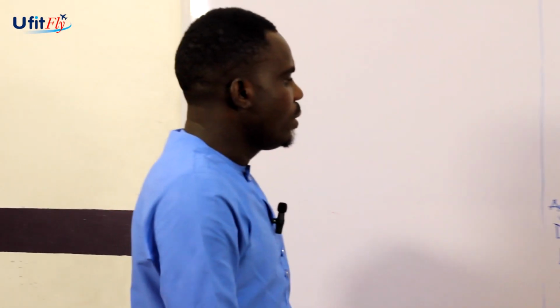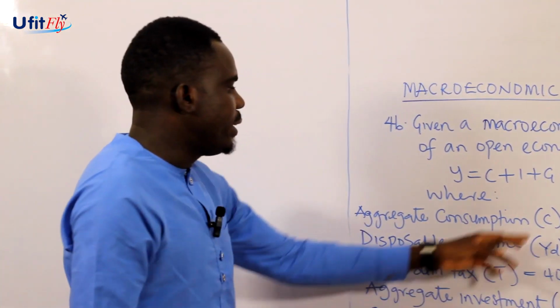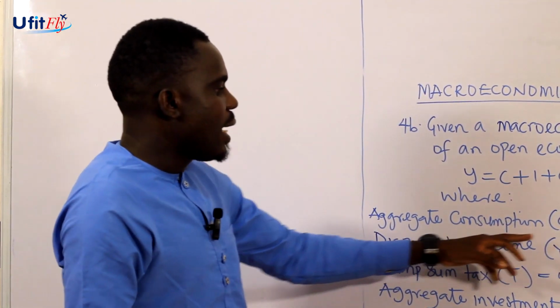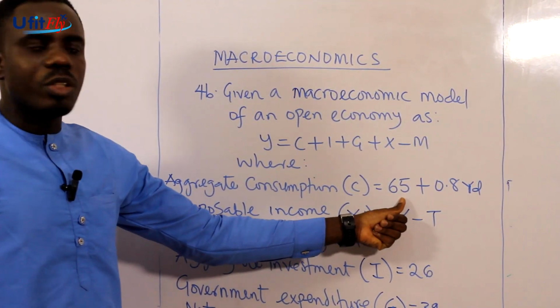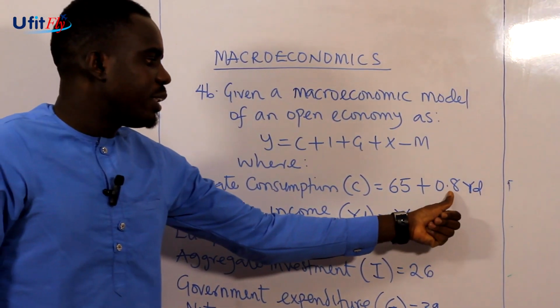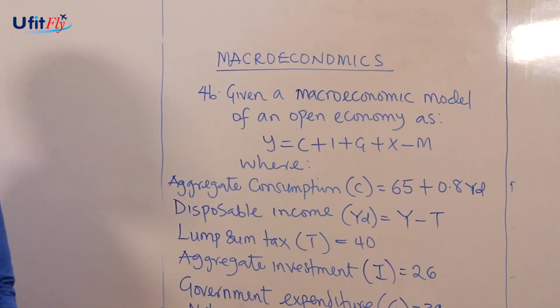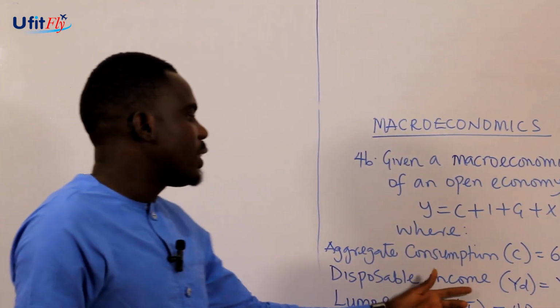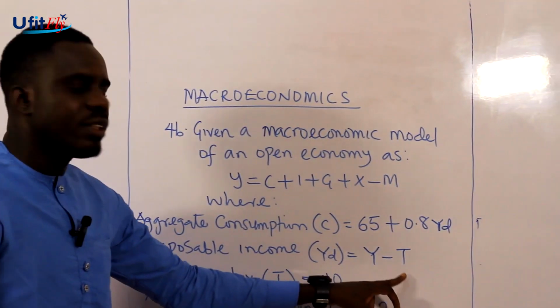From the illustration, we have been given the respective values of each of these components, where C represents the aggregate consumption. 65 represents autonomous consumption, while 0.8 represents induced consumption, or what is generally known as marginal propensity to consume. Also, the disposable income, which is the YD, is the income minus tax.